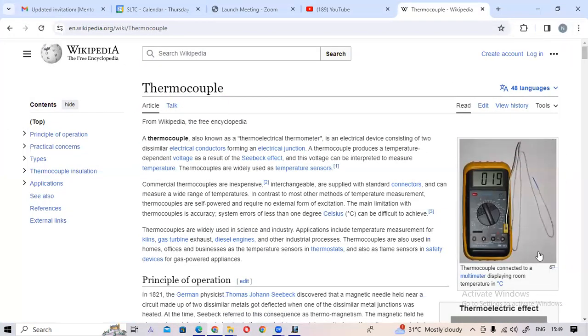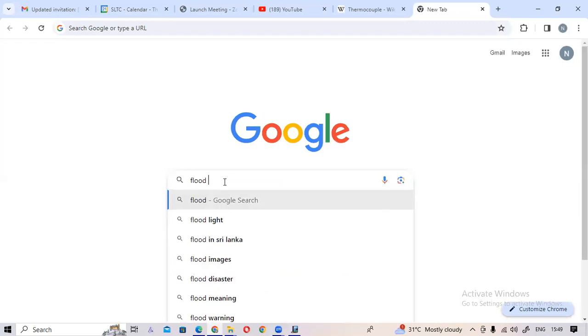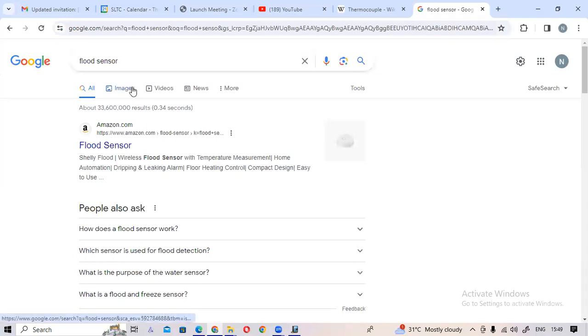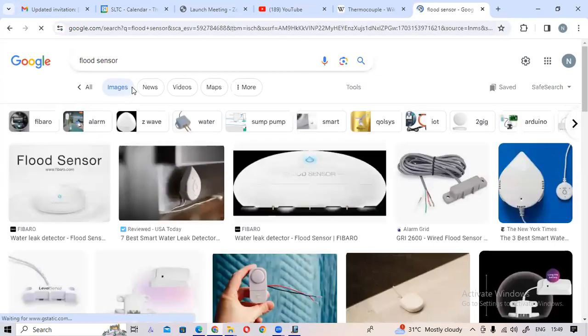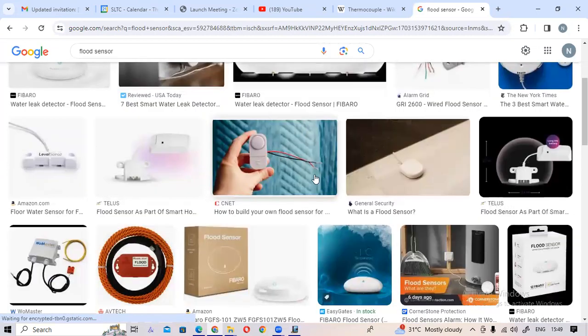It has two pins. Thermocouple also has two pins. So I will show it in the lab. If you consider a flood sensor, okay, this is, I hope, a flood sensor.